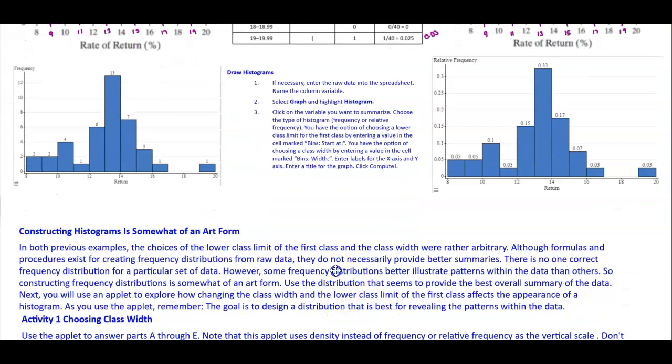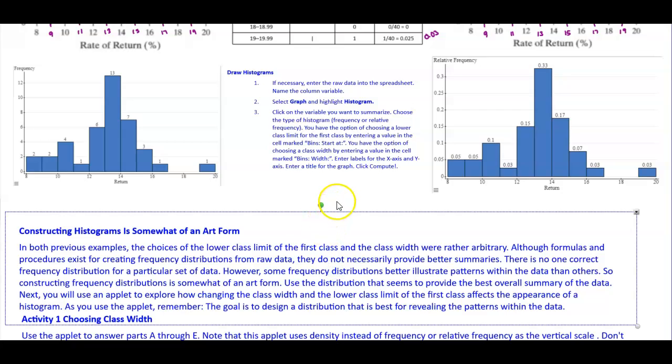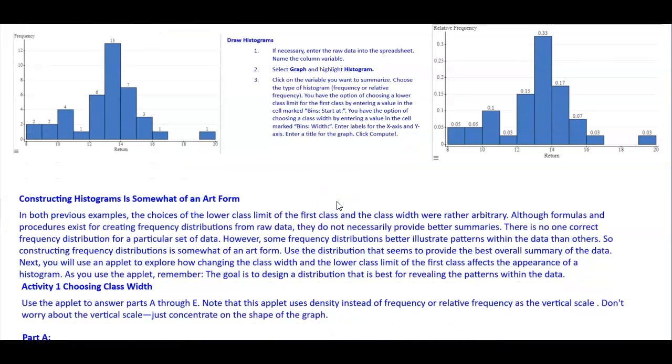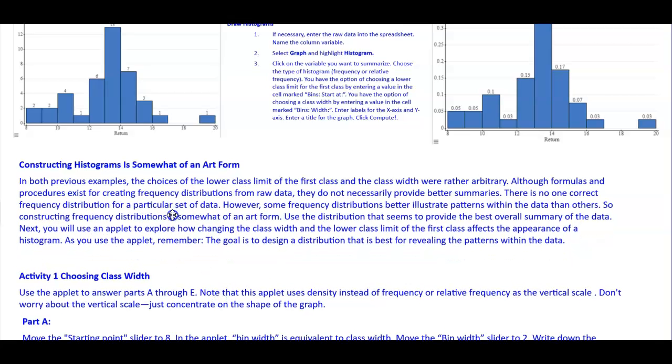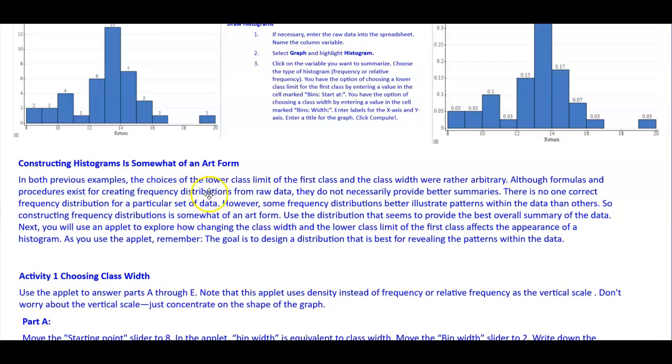Now it says constructing histograms is somewhat of an art form. What that means is that in both previous examples, the choices of the lower class limit of the first class and the class width were rather arbitrary. Although formulas and procedures exist for creating frequency distributions from raw data, they do not necessarily provide better summaries.